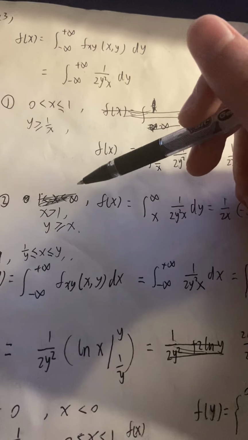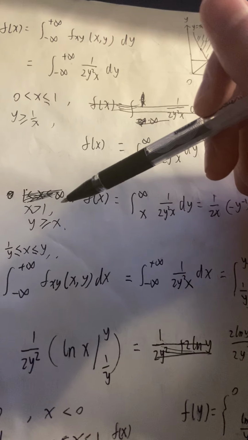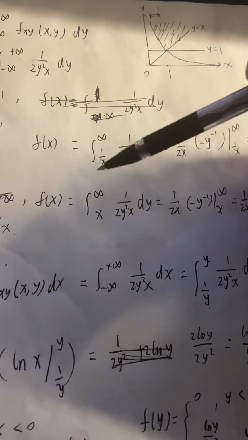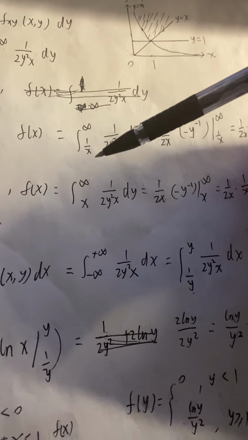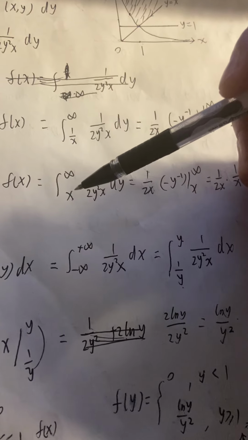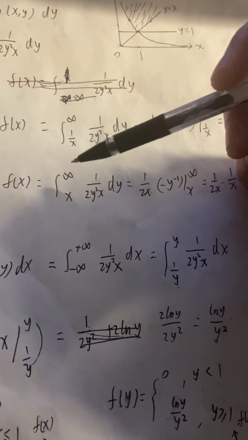And if x is larger than 1, y will be larger than x, so for the integral, the lower bound of y would be x, the upper bound will be infinity.